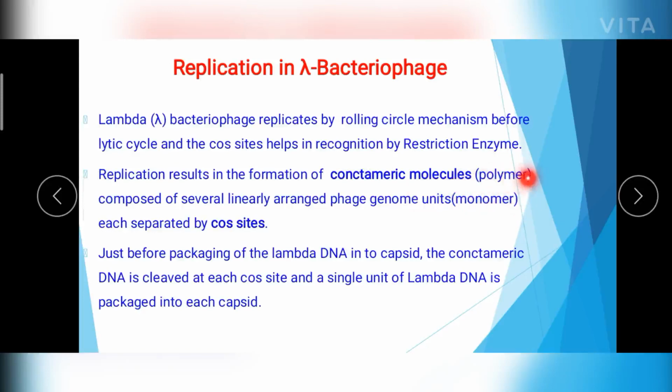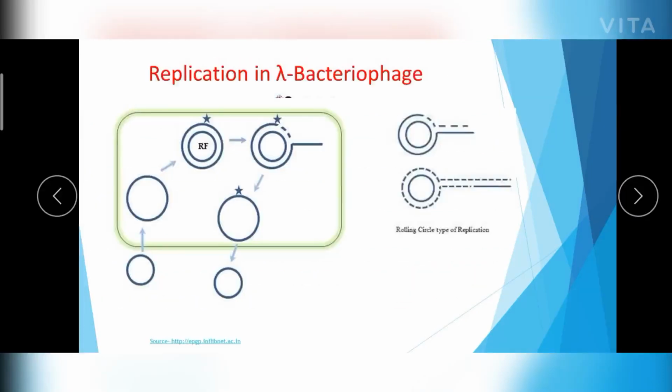It is a polymer containing several linearly arranged phage genome units, that is monomeric units, each separated by cos sites. Just before packaging of this DNA into the capsid, the concatameric DNA is cleaved at each cos site and a single unit of lambda DNA is packaged in each head.